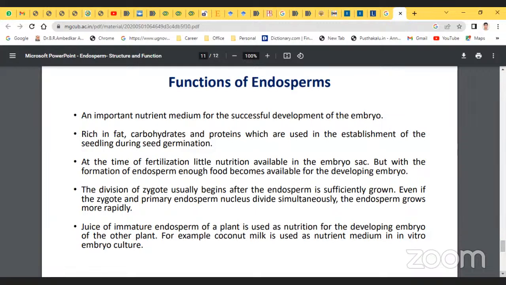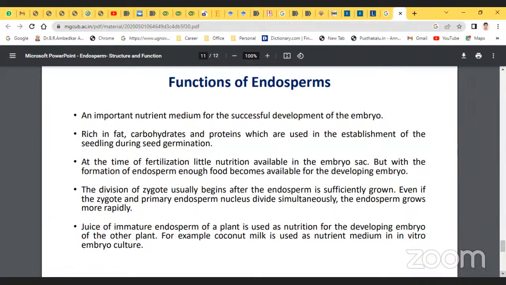Nutrient medium means it provides all the essential nutrients for the development of the embryo. Right? So that's why it is an important nutrient medium for the successful development of the embryo.